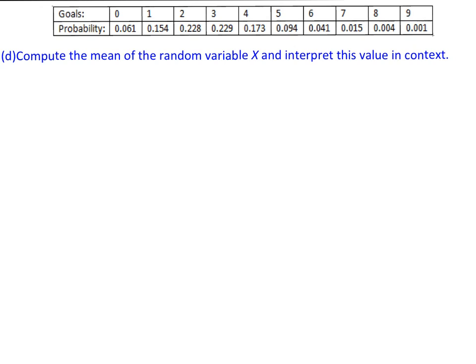Essentially what you need to do is the sum of the outcome times the probability that's associated with that outcome. Okay? For example, 0 goals scored is possible.